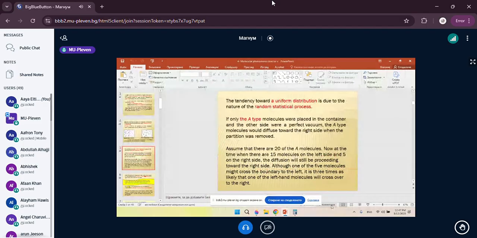It is called Fick's law, but students sometimes know it. If they are asked to write Fick's law, they know. If they are asked to write the law of diffusion, they don't know it, which is very strange, since it's one and the same. The law of diffusion and Fick's law are one and the same.